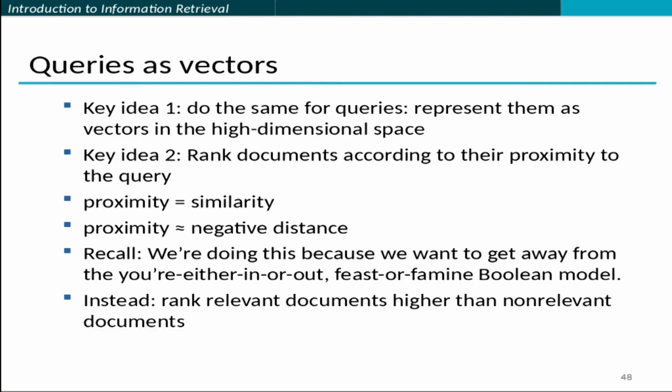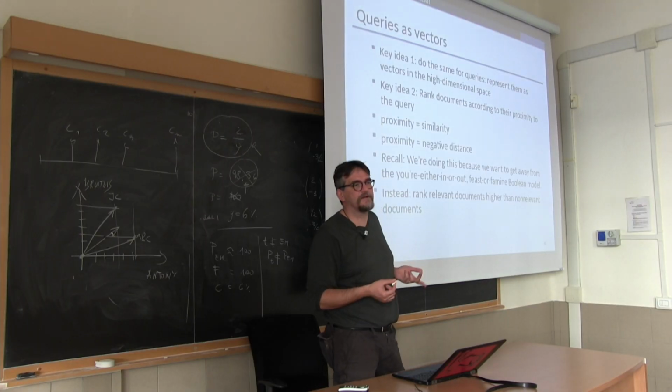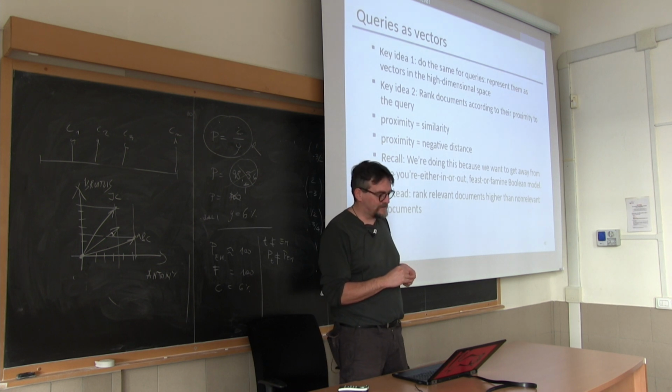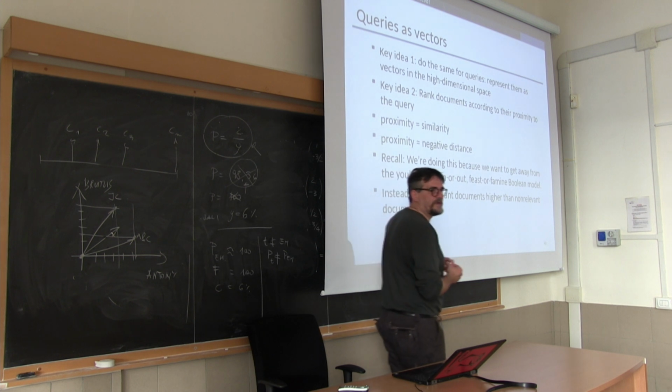So indeed, the key idea is that not only do we represent documents as vectors, but also we represent queries as vectors. And now, what we can do is rank the documents according to the proximity. So going back to your question, we can rank the documents according to the proximity to the query.